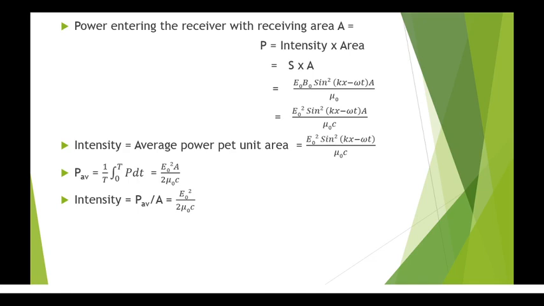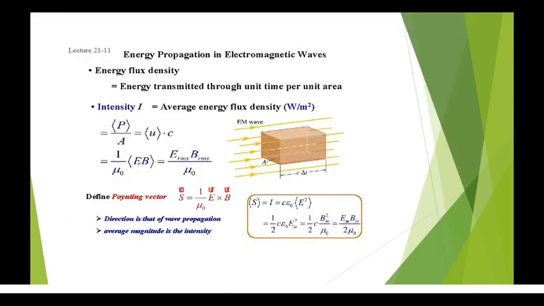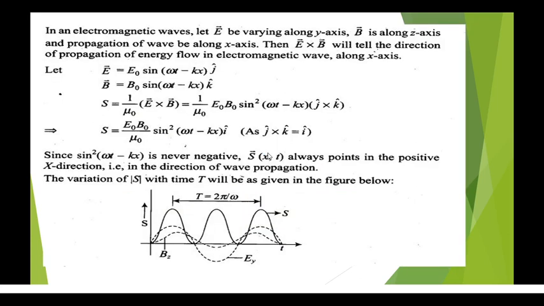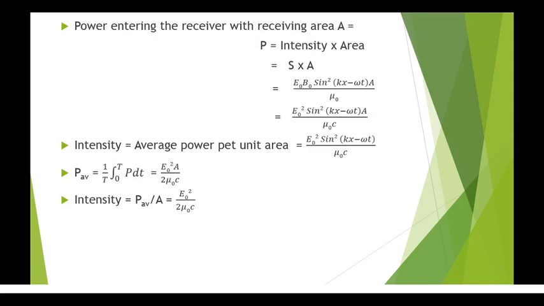That means we are placing a receiver in the path of an electromagnetic wave with the receiving area capital A. Now what is the power entering the receiver with the receiving area A?